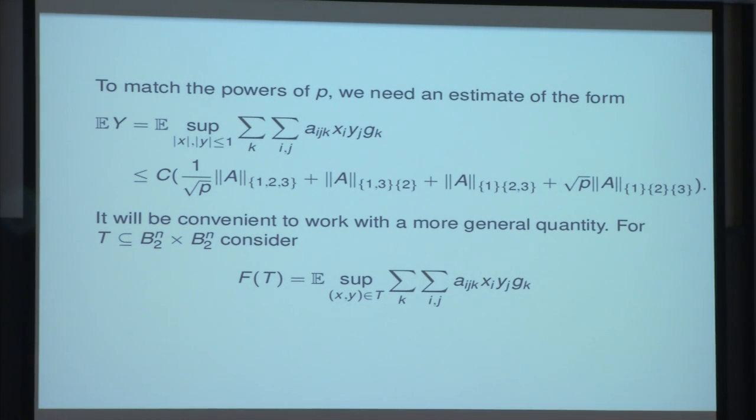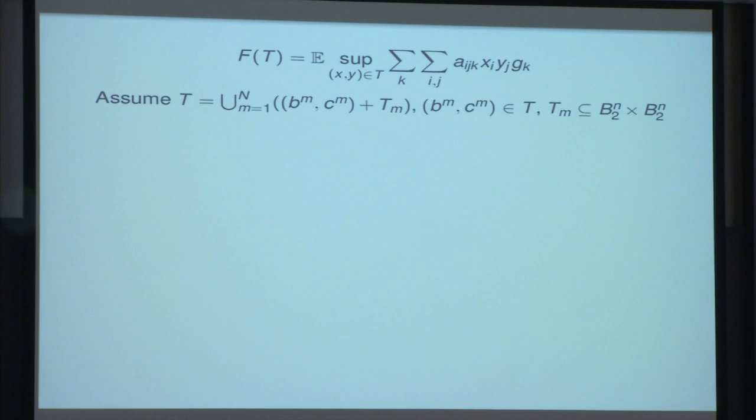So let me pass to it. So this is the quantity we want to estimate. And assume now that we have a nice representation of T. So assume that T is a union of some sets Tm, which are shifted by elements from the set T. Those sets Tm are also in this Cartesian product.